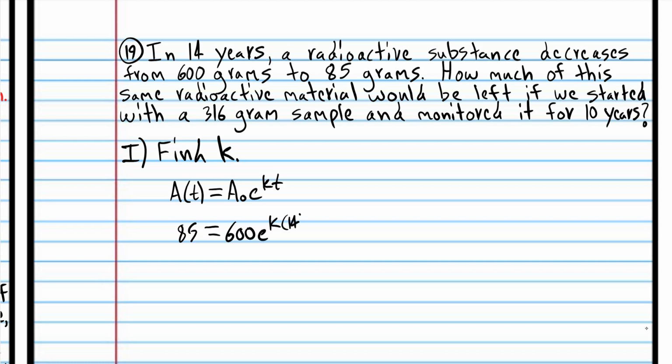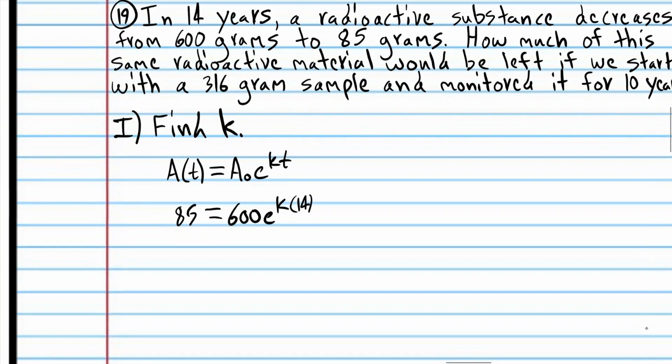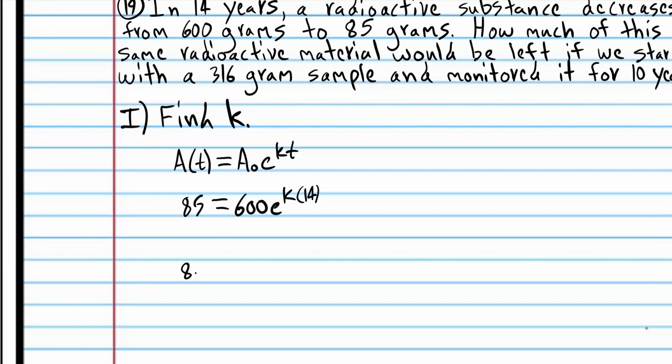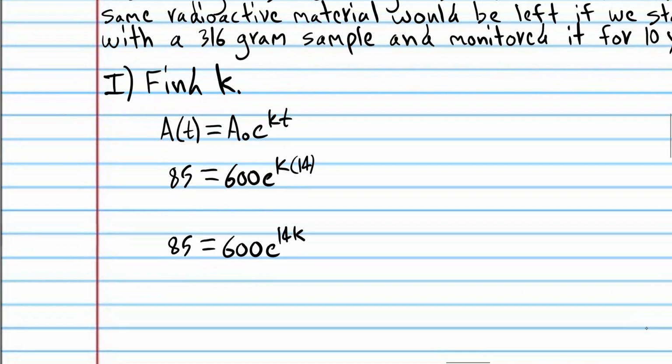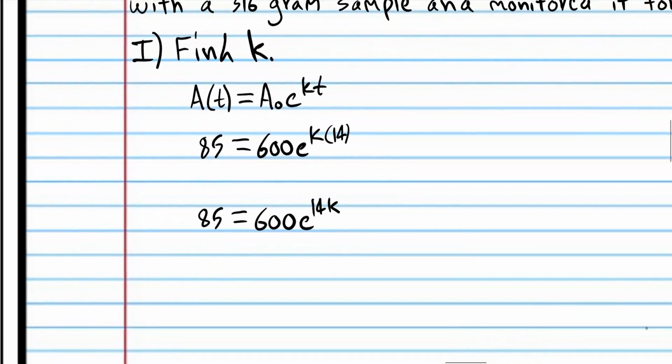So we can just plug in the information we're given and solve for k. So this is a very basic exponential equation. We do need the calculator to solve it, but before we use the calculator, we're going to isolate the exponential expression. It's not isolated because the 600 is next to it.